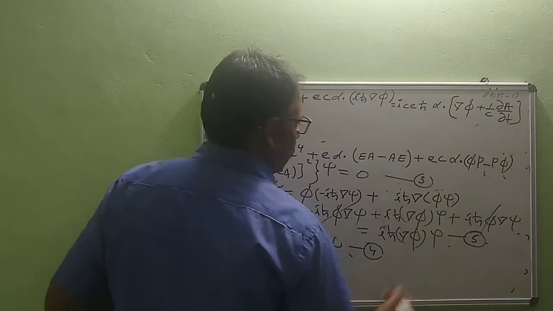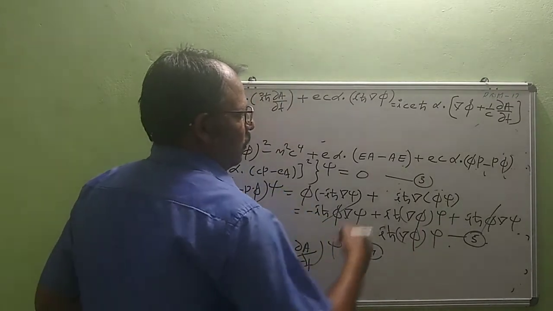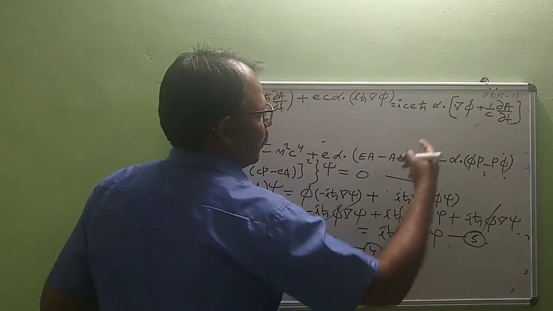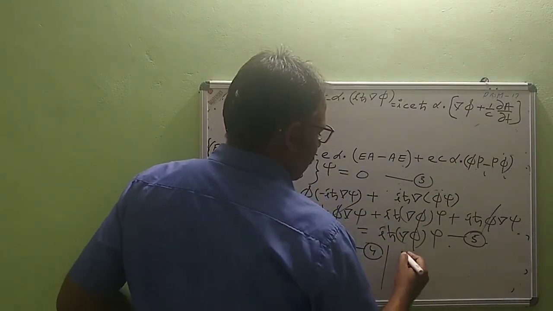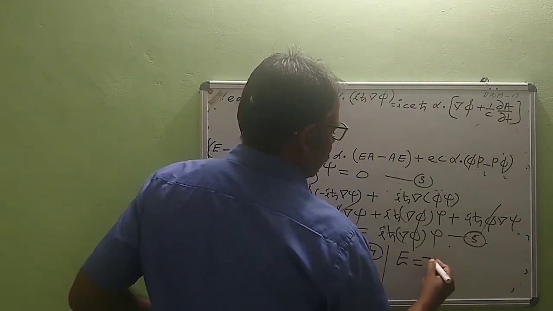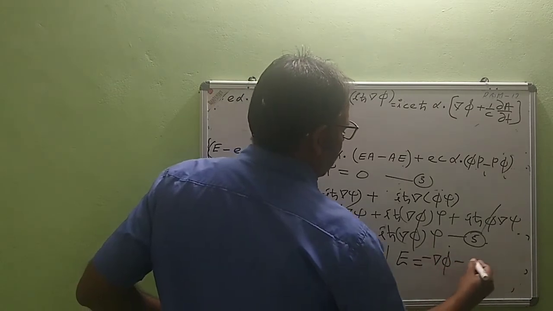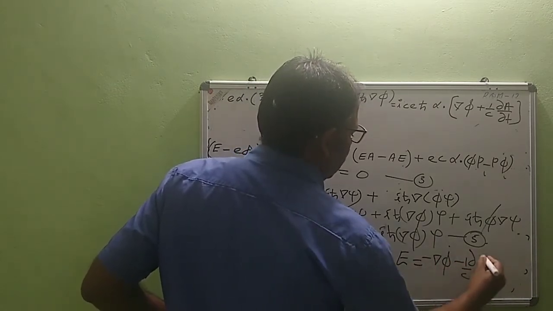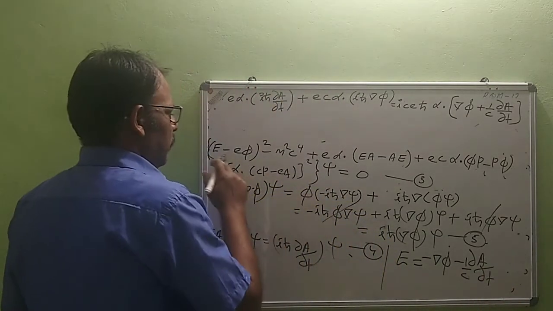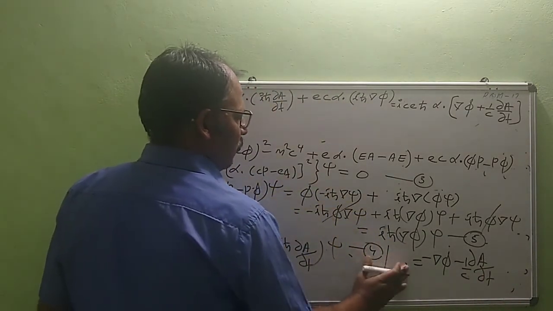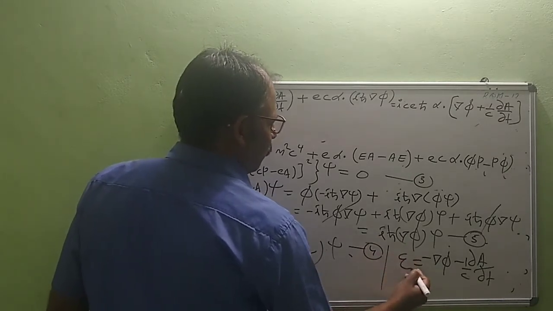What is del phi plus 1 by C dou A by dou T? We know the expression for the electric field in terms of scalar potential phi and vector potential EA: electric field E is equal to minus del phi minus 1 by C dou A by dou T. Since E is used for energy, I am using italic C for the electric field.